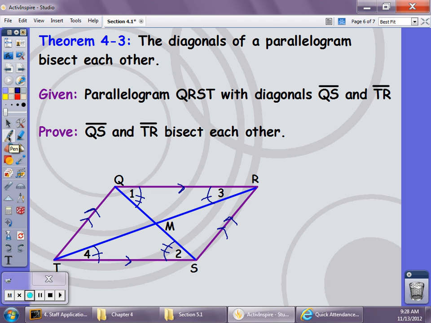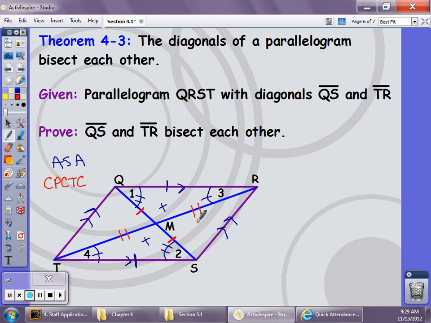So we can mark that QR is congruent to ST. As you can tell, we can now say that these two triangles are congruent based on angle, side, angle, which allows me to use CPCTC to prove that QM is congruent to SM and that TM is congruent to RM.